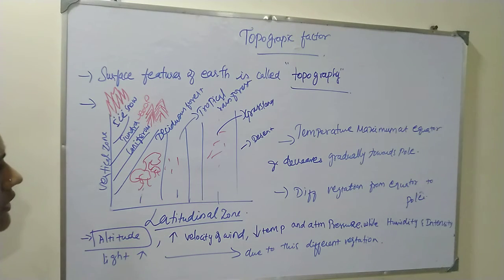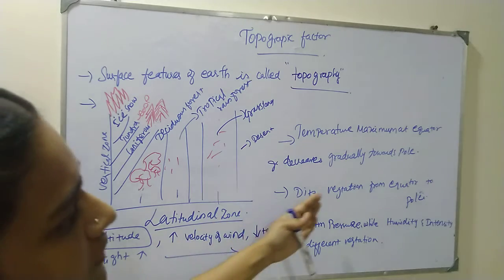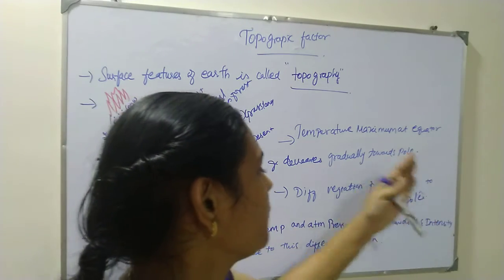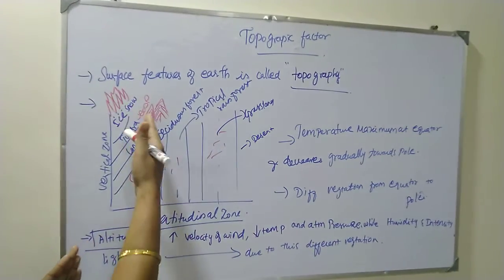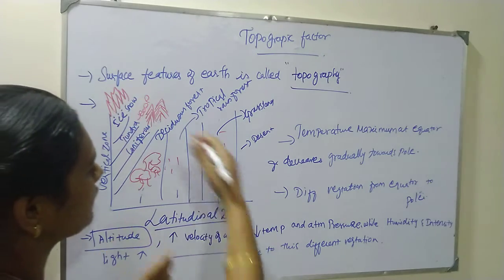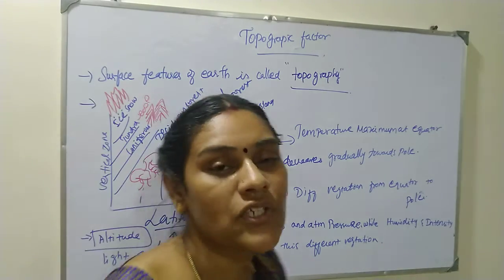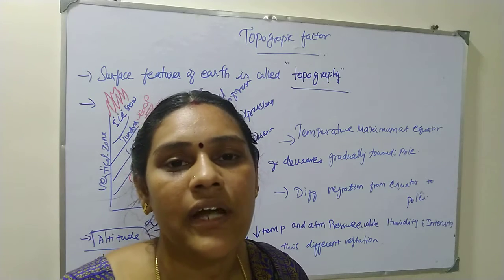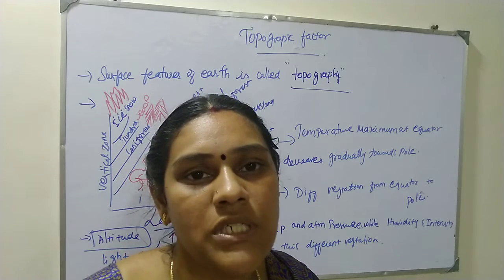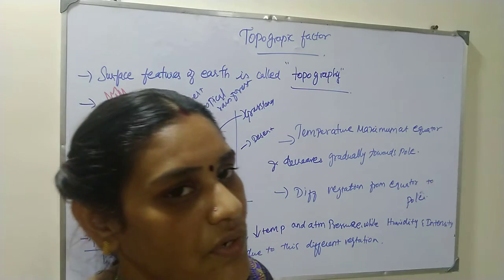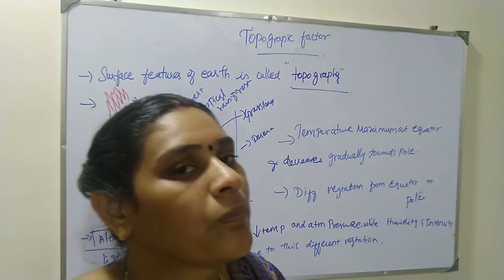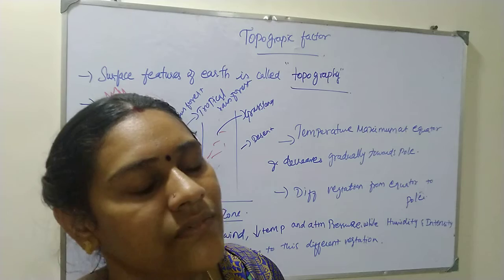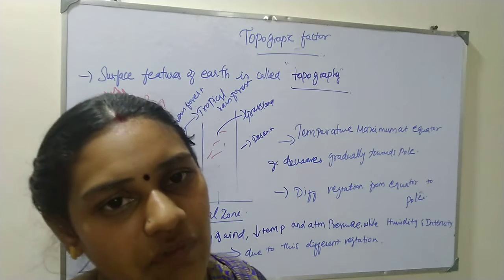The growth of plants varies from equator to poles because of the temperature, and also because of the aeration and humidity, which are necessary for the growth of plants. So the vegetation type varies accordingly.